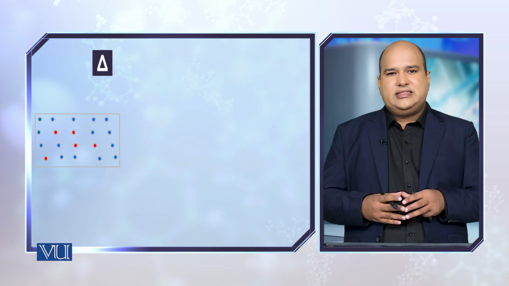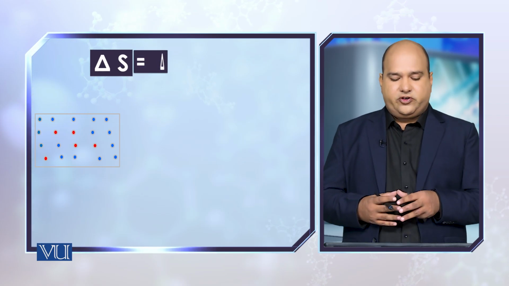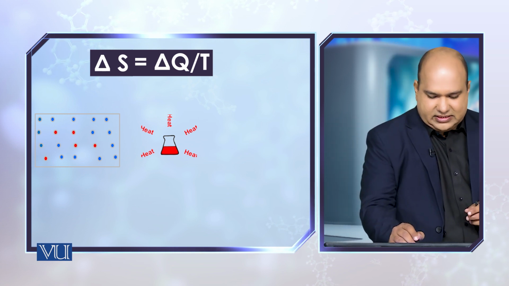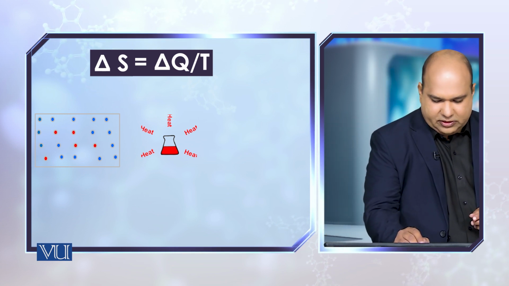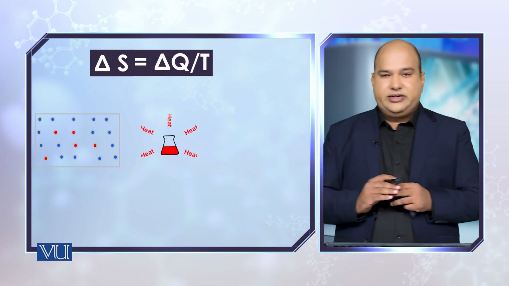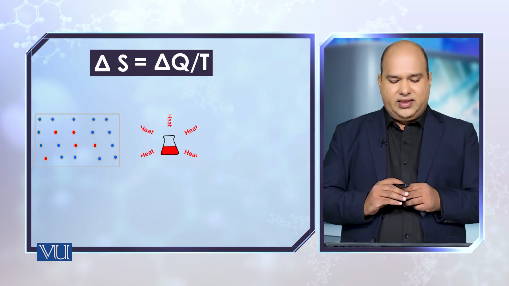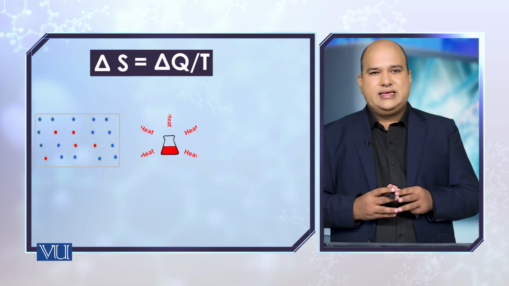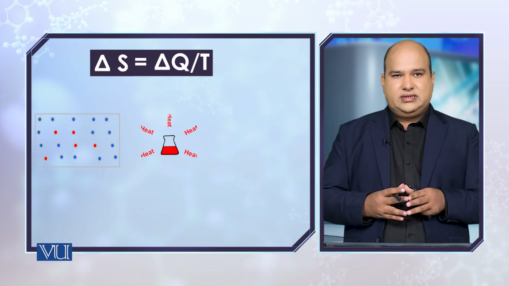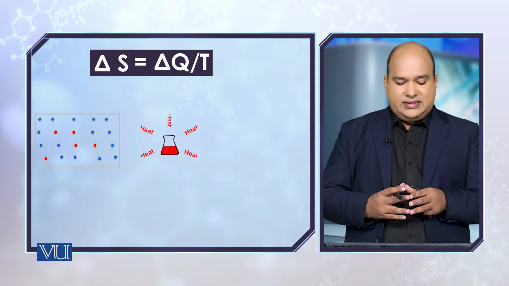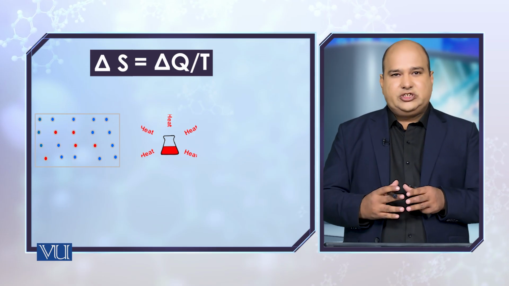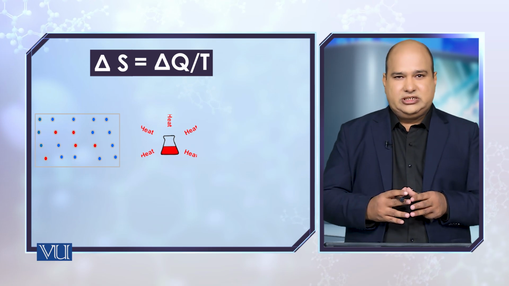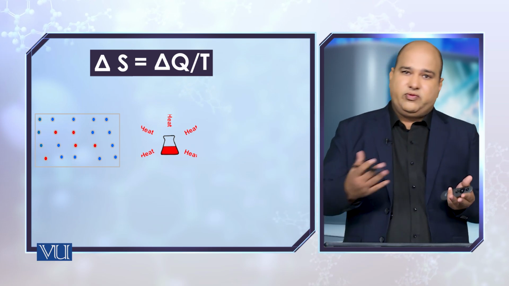There is another way of looking at it. If you see the mathematical definition of entropy, it is delta S is equal to delta Q by T, where delta Q refers to the heat energy. So, it means that delta S, that is, the change in entropy, is directly related with the heat energy. The more the heat energy, the more the entropy.